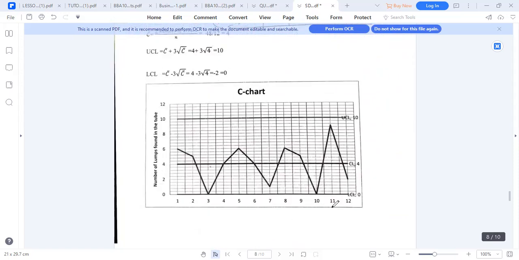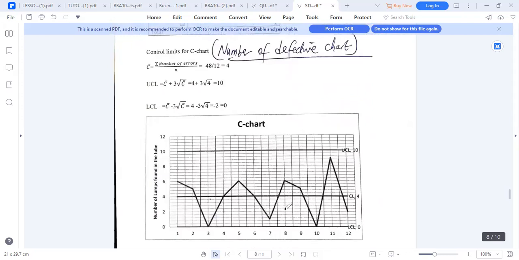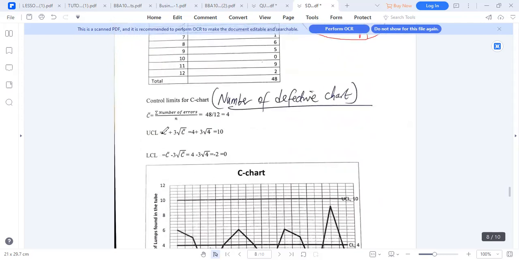We check that this is in control because the points are within the upper control limit. The C bar is 4, and then this is the upper control limit, and the other one is the lower control limit.